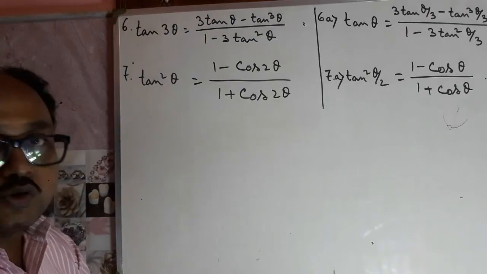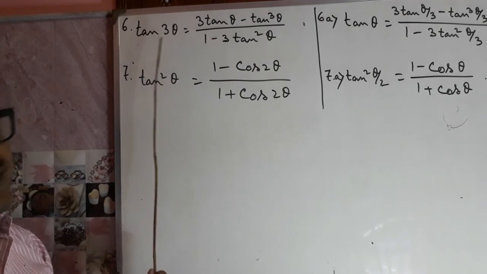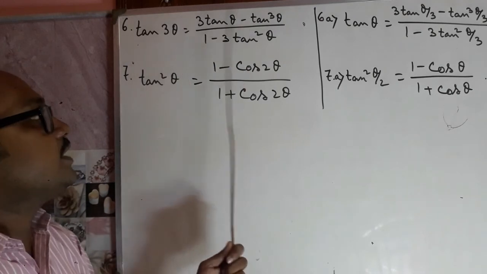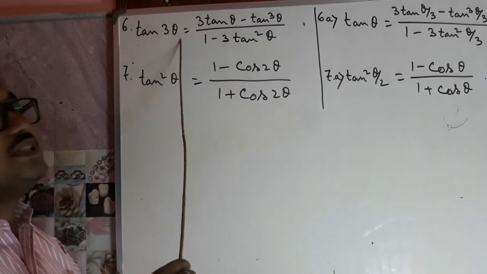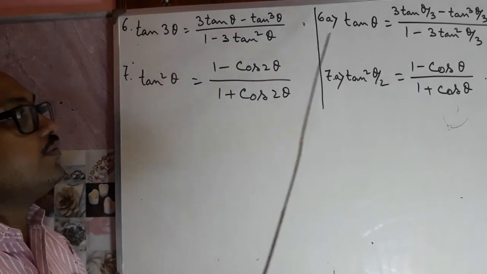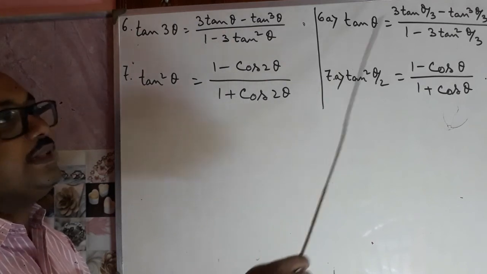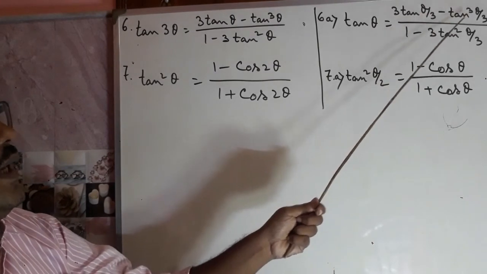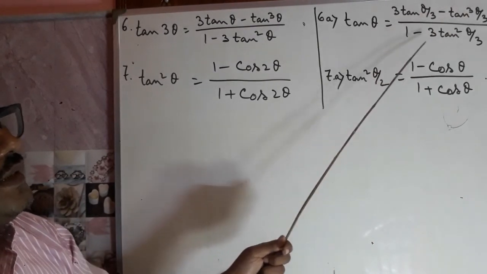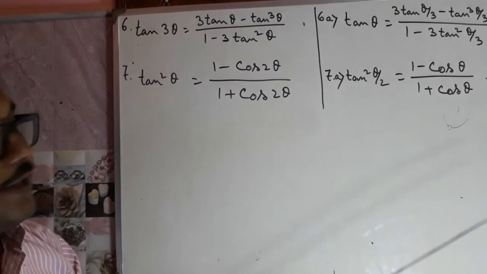Now for tan 3θ, that is (3 tan θ minus tan³ θ) by (1 minus 3 tan² θ), if we replace this θ by θ/3, what we will get? Tan θ will be (3 tan θ/3 minus tan³ θ/3) by (1 minus 3 tan² θ/3).